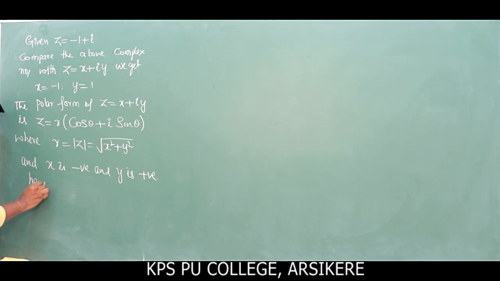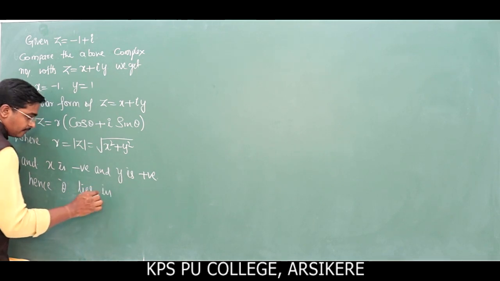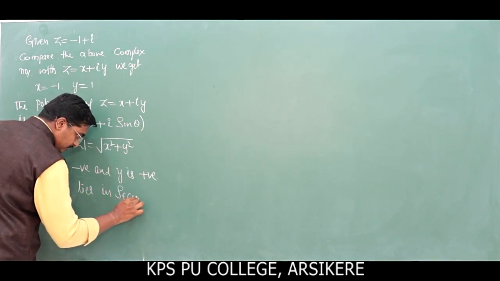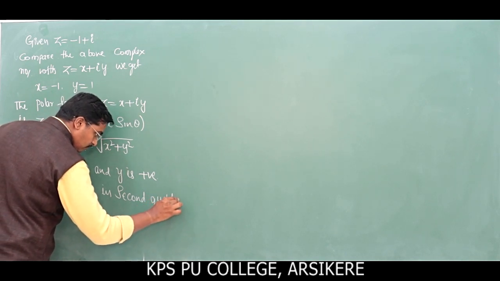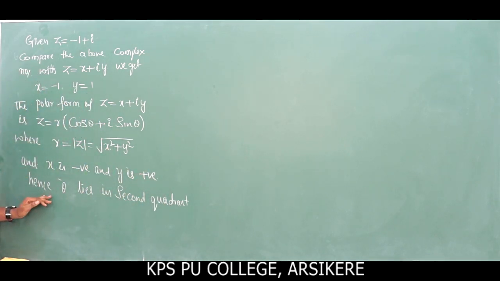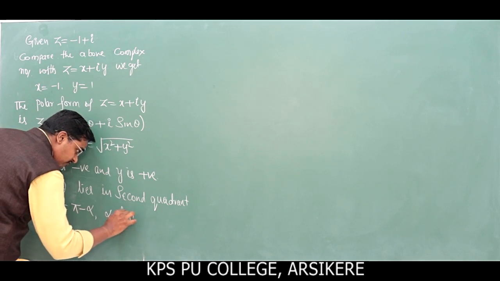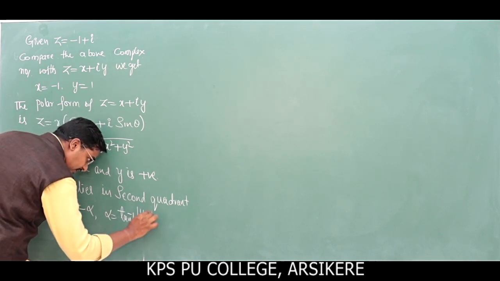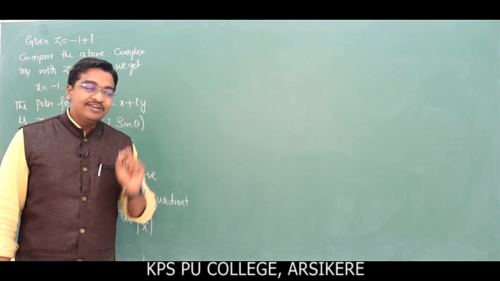Very good, second quadrant. Hence theta lies in the second quadrant. So once theta lies in the second quadrant, theta can be written as theta is equal to pi minus alpha, and alpha is equal to tan inverse of modulus of y divided by x. Did you understand, children? Tan inverse of modulus of y divided by x.